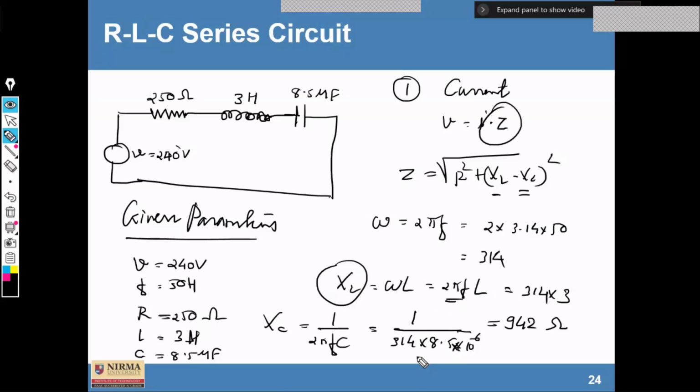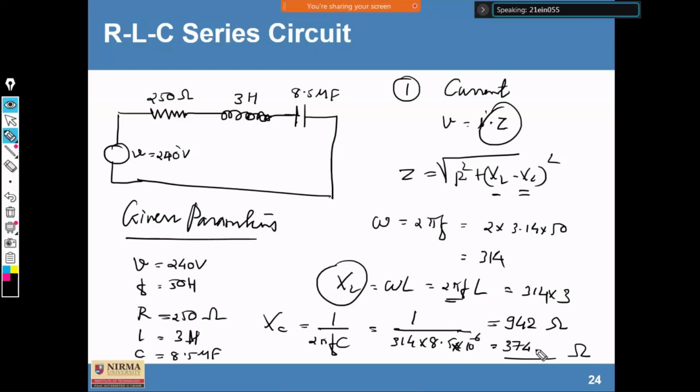Please find out the value of 1 upon 314 into 8.5 into 10 raised to the power minus 6. What is the value here? Please find it out. Sir, 374.67. 374.67.